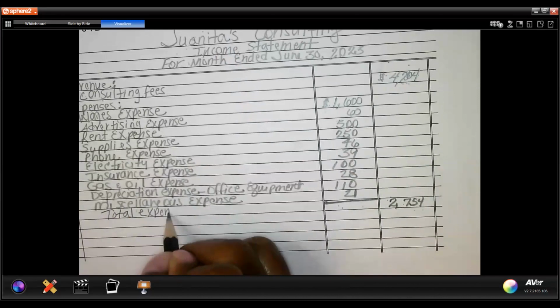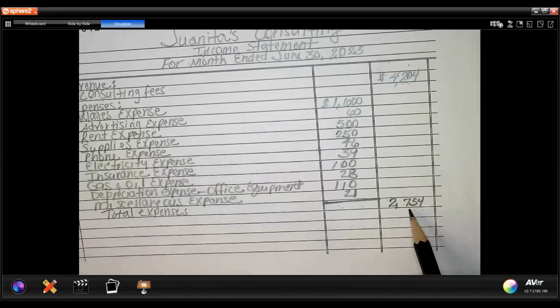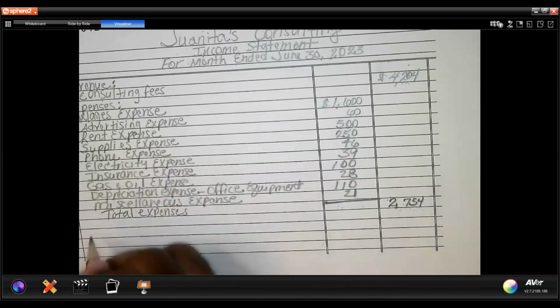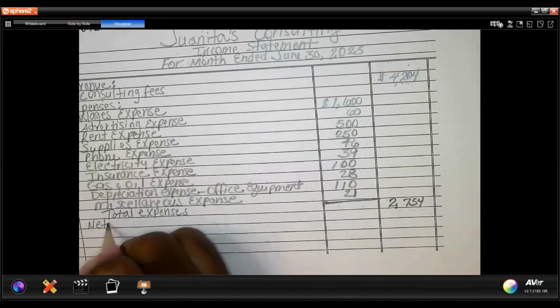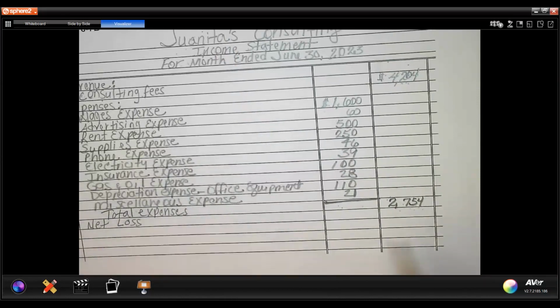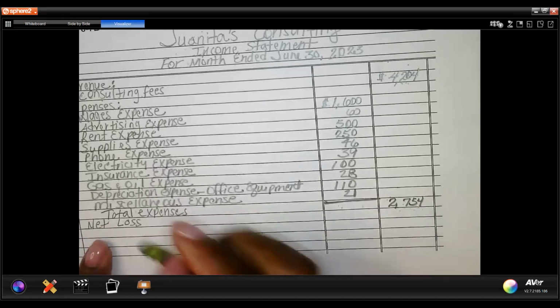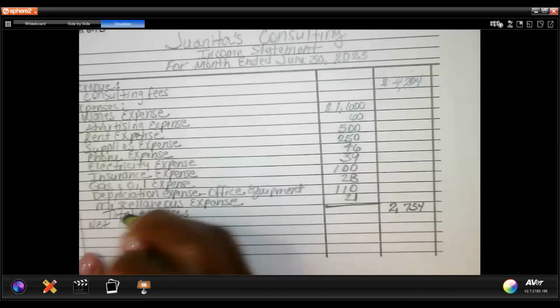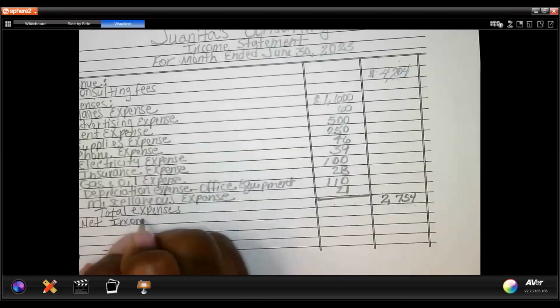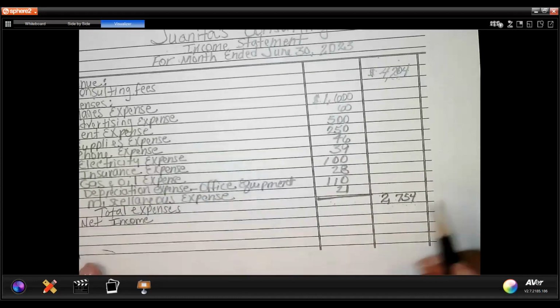And as you can see here, that's what we did. So our total expenses is $2,754. On the next line, this is where you write in net income or net loss. So in this case, we have a net income, and I apologize. We have a net income of $1,450.